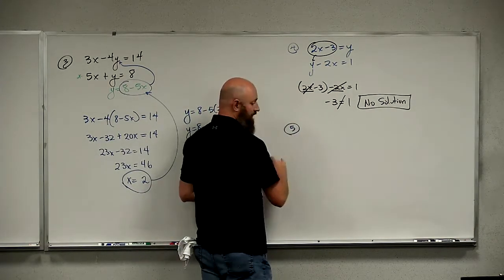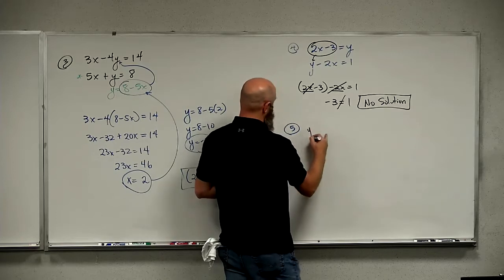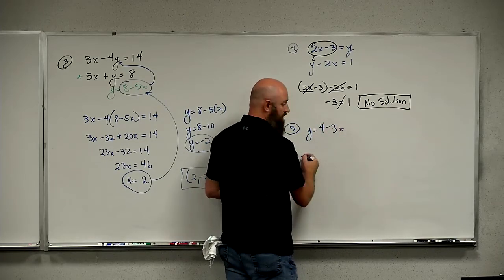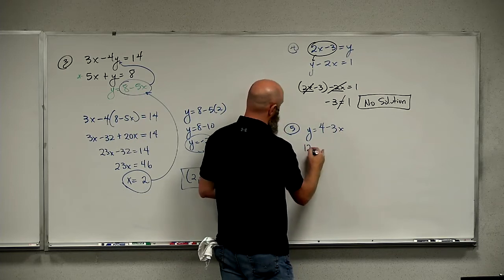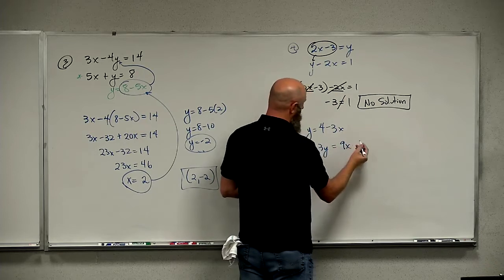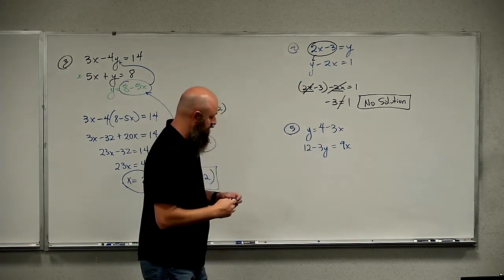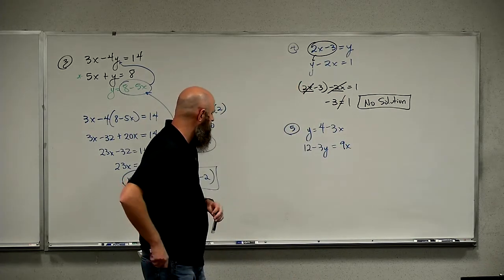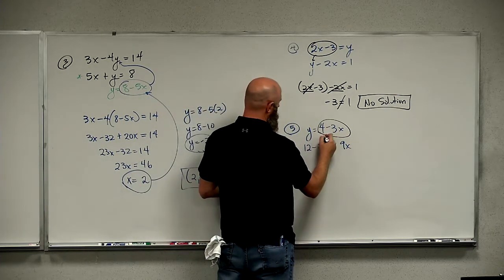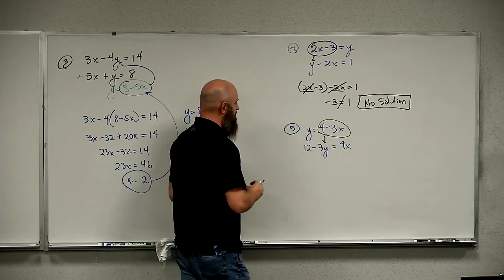All right. Let's see, number 5. y equals 4 minus 3x, and then 12 minus 3y equals 9x. Well, it looks like y is already by itself there, so we can plug that in.